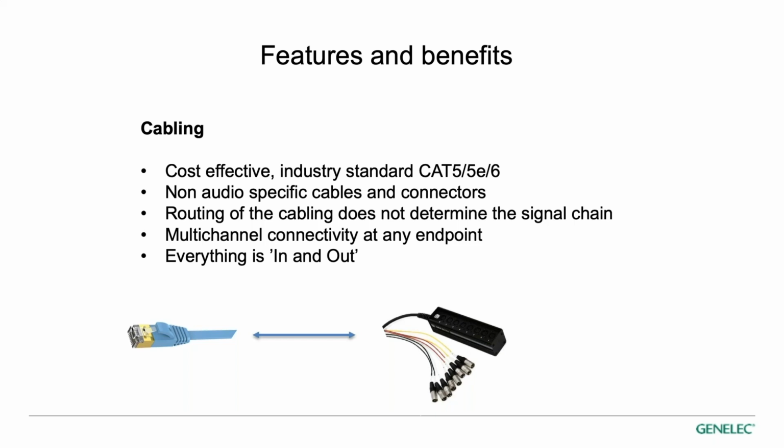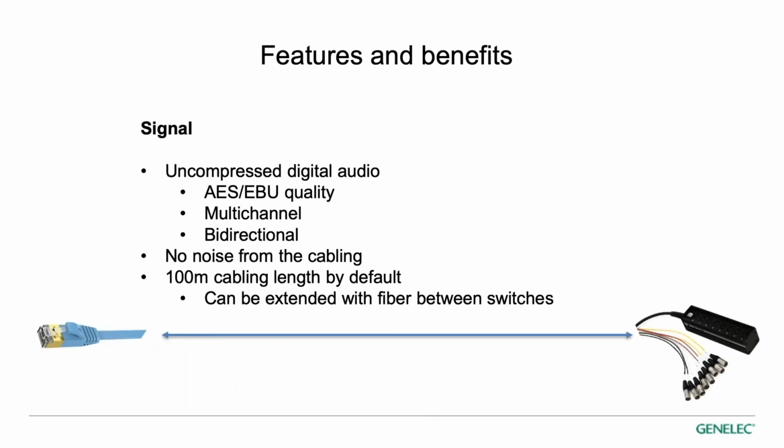Then looking at the signals, we are talking about professional uncompressed digital audio transmission, which is the same quality as AES/EBU signals. It is multi-channel, as mentioned, bidirectional, so in and out on every point, depending on the devices that we are using to connect to. The cabling itself doesn't affect the signal. It doesn't add any noise.